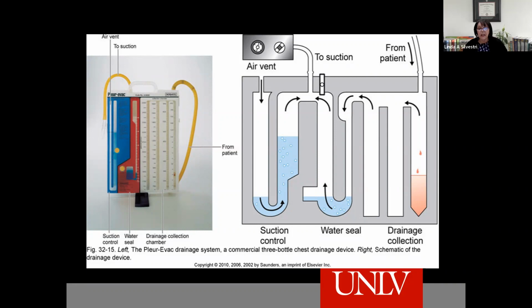You might occasionally see a little bubbling in the water seal, an intermittent bubble here and there. That's okay. Especially if it's draining air, you might see an intermittent bubble, but that continuous bubbling is not something we want to see in that water seal chamber.